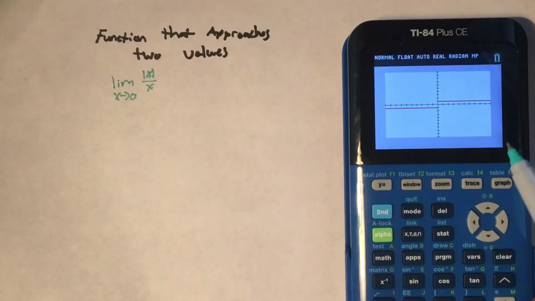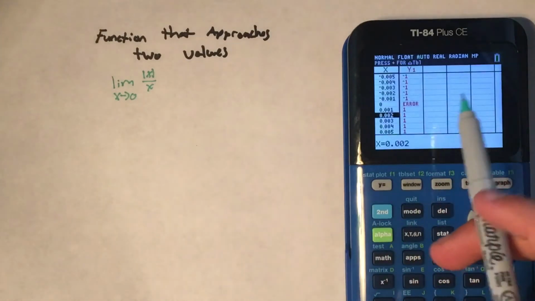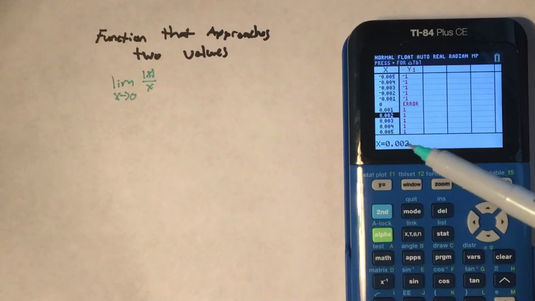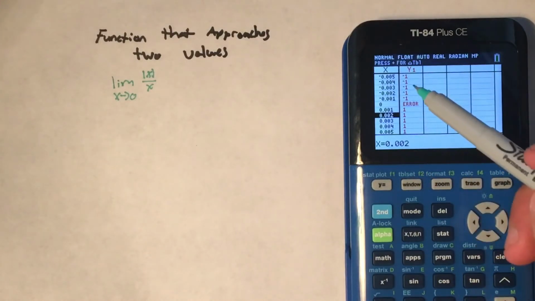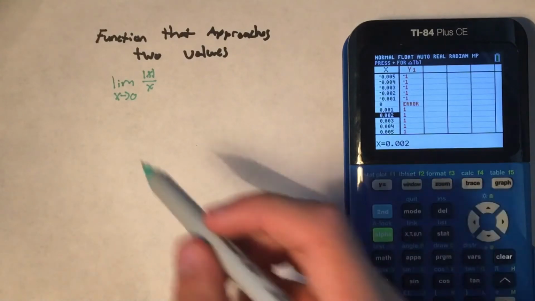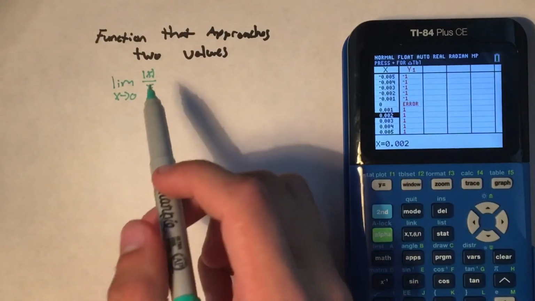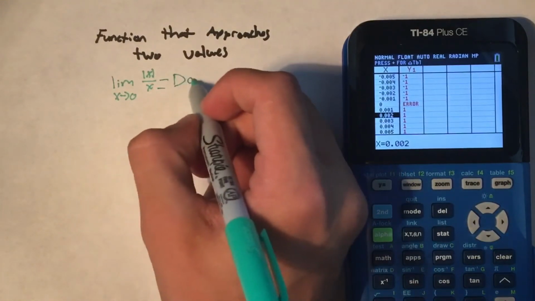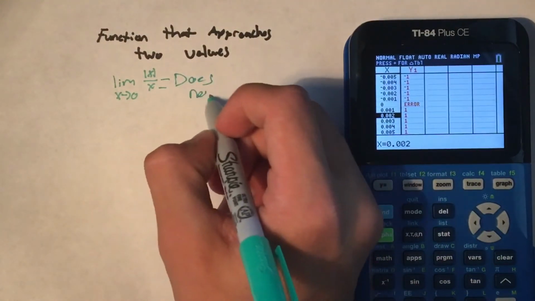To be a limit, both sides of the equation need to have the same number as they approach 0. This limit does not exist because we have -1 from the left side and +1 from the right side. So the limit as x approaches 0 for the absolute value of x divided by x does not exist.